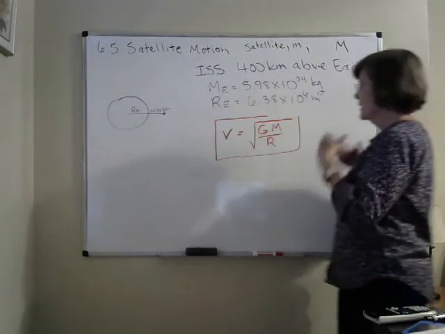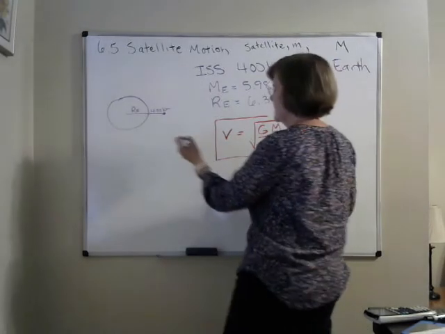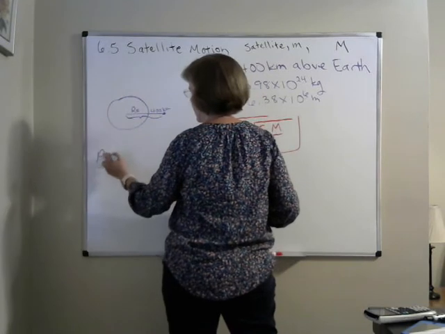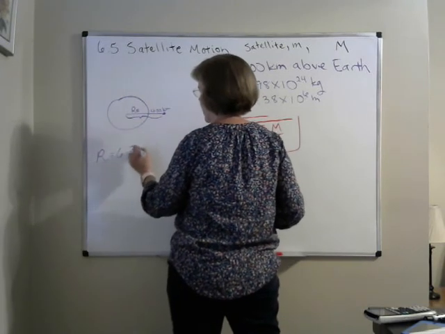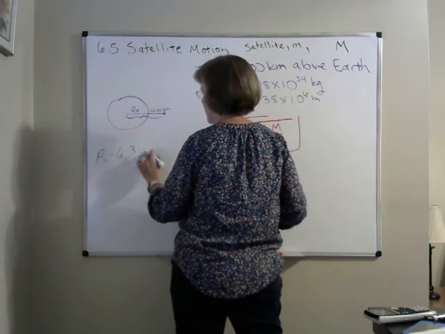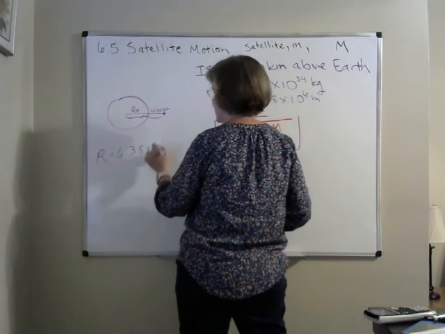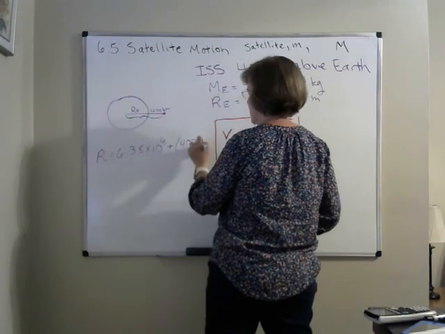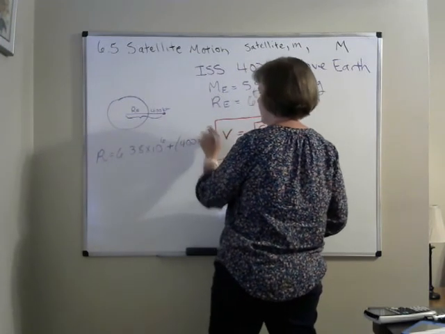So let's see what big R, this orbital radius from here to here, is. It's 6.38 times 10 to the 6th plus 400 times 10 to the 3rd, 400 kilometers.